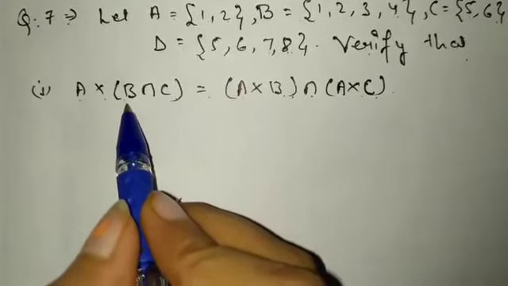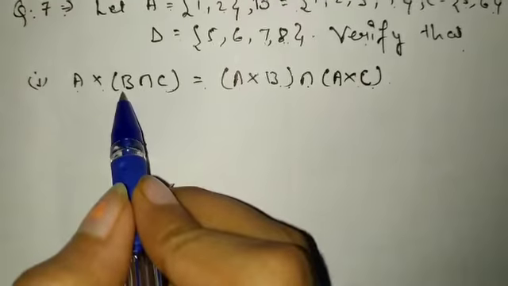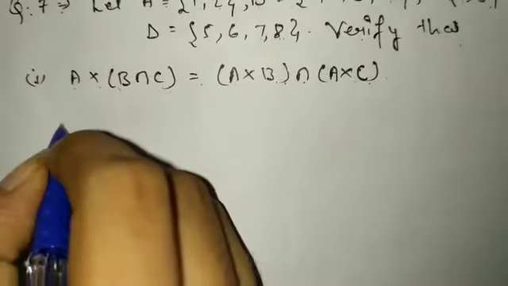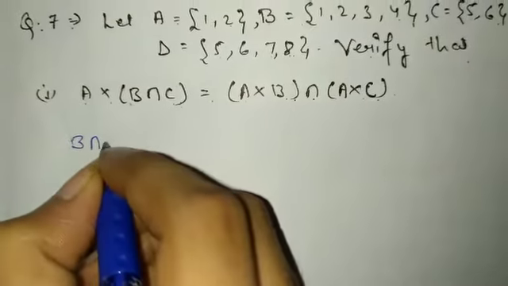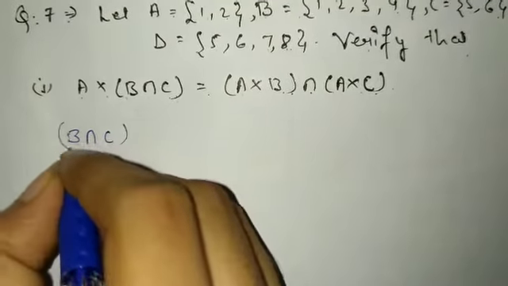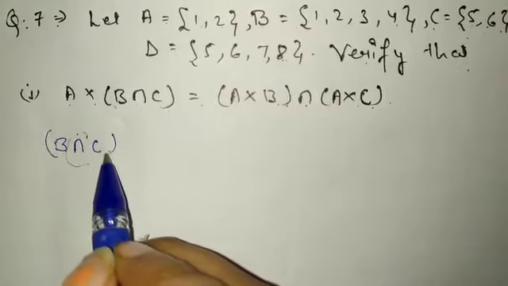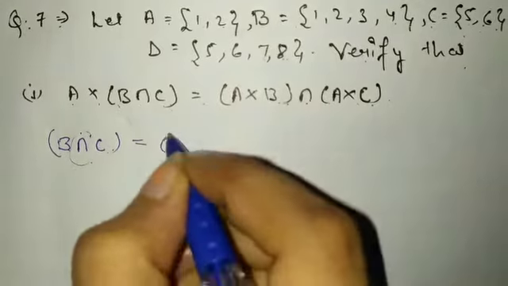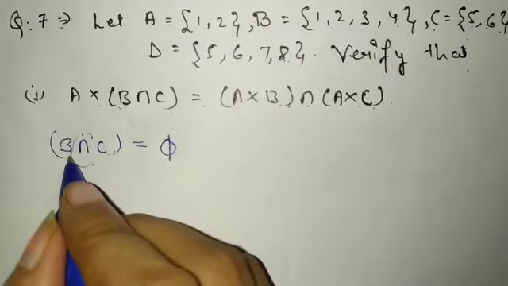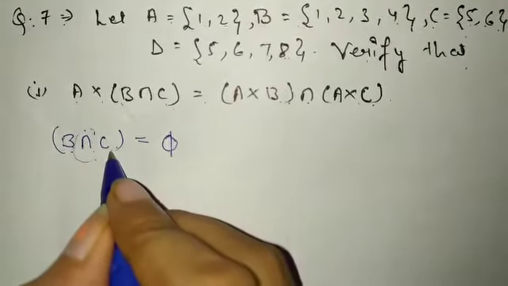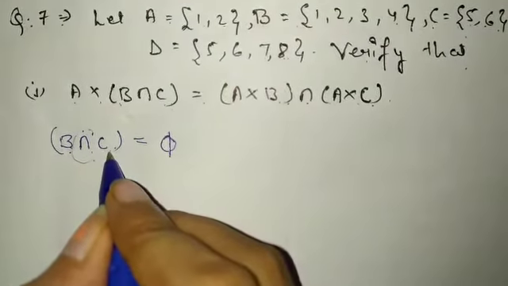So first of all, let's find set B intersection C. We know intersection means common elements. Therefore, we can say that set B intersection C is equal to the null set, or the empty set.